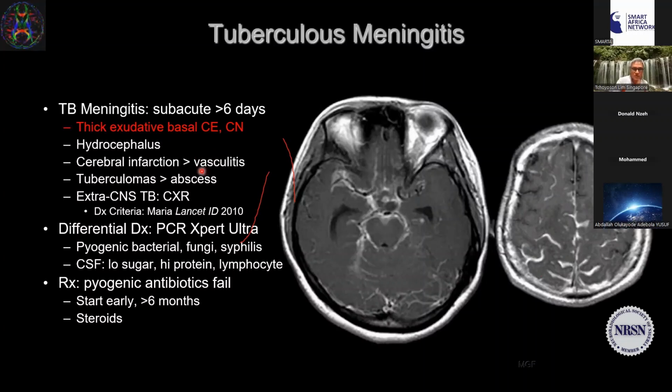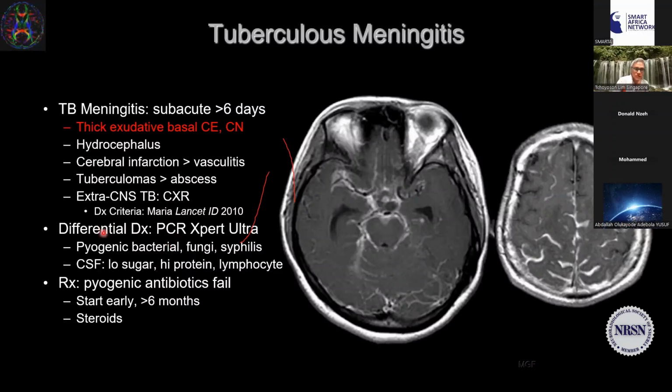If we see contrast enhancement of the arteries, the vessel walls on vessel imaging, that is important for diagnosis. Not only do we get meningitis, we can also detect enhancing tuberculomas and sometimes tuberculous abscesses. Of course, we got to make sure we look outside the brain for TB in chest X-rays.